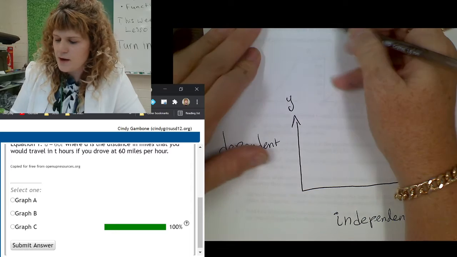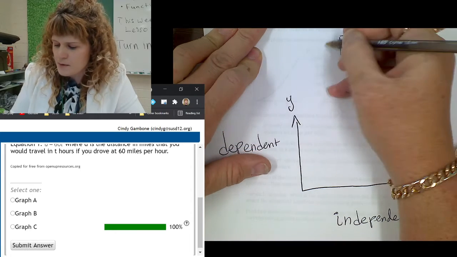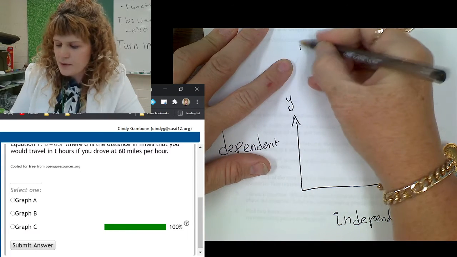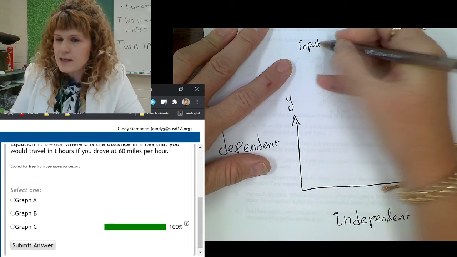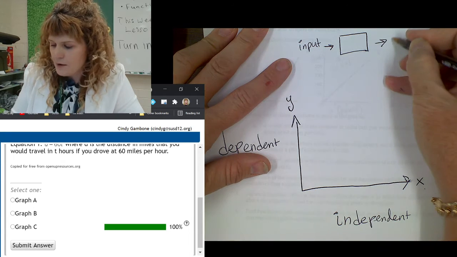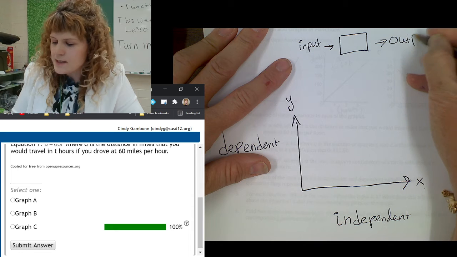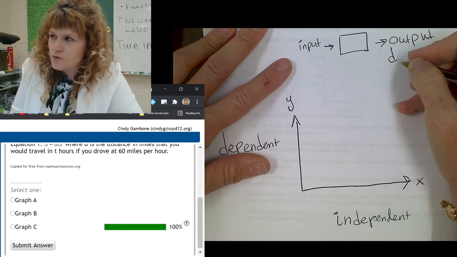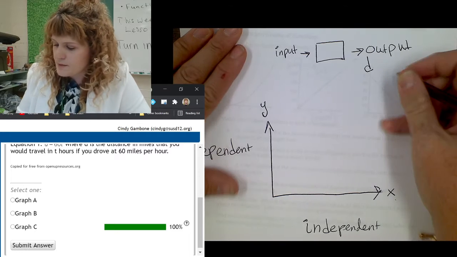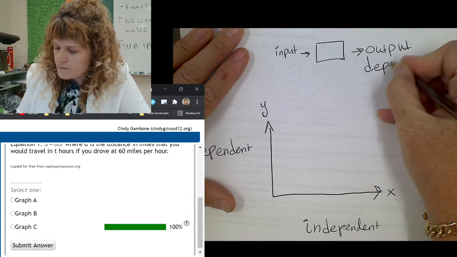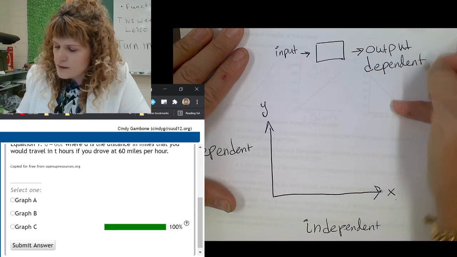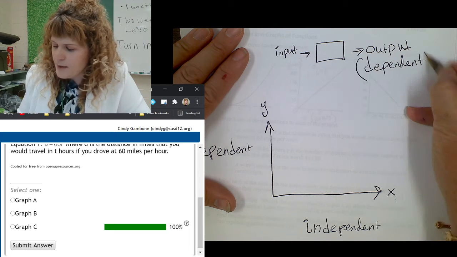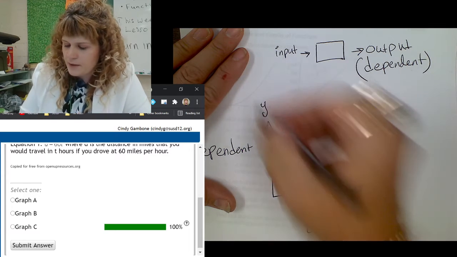So let me just draw an input-output diagram again real quick. The input is the independent variable. The output is the dependent variable. I'm going to label that on my picture. Why don't you draw this if you lost your notes? You need to remember the output depends on the input.